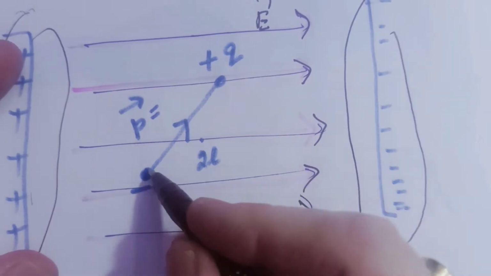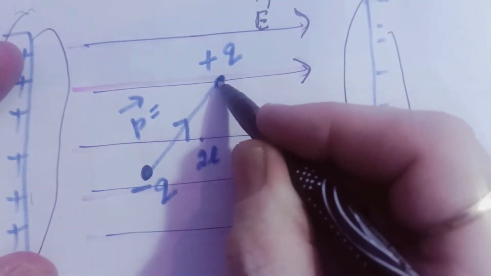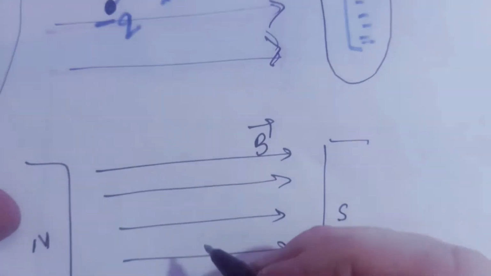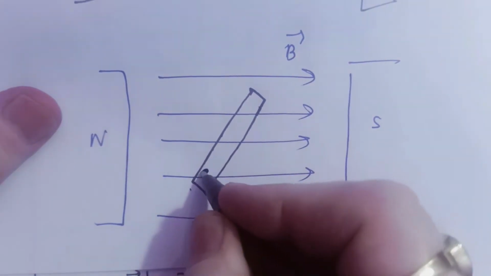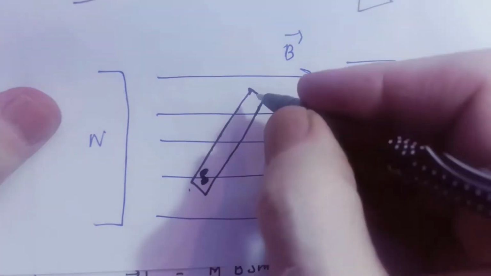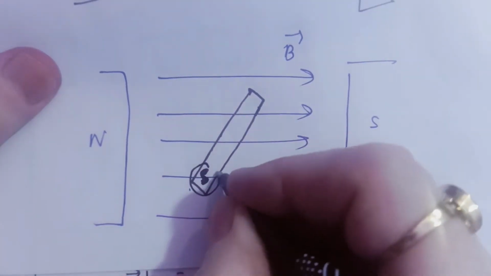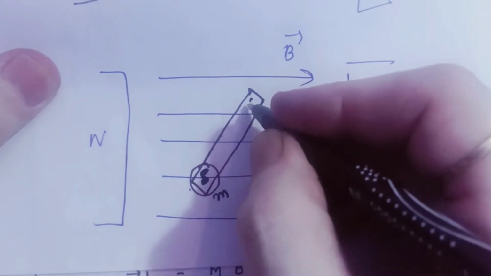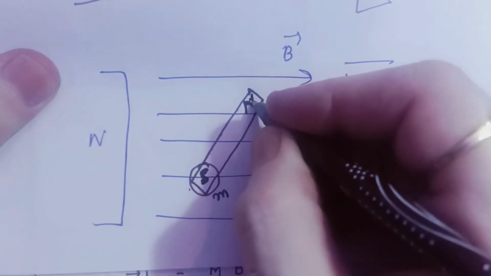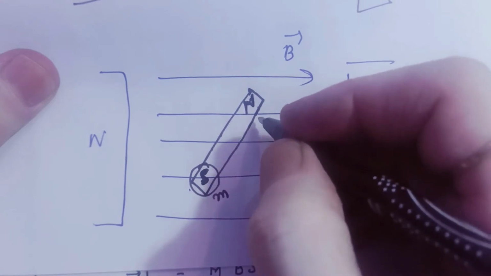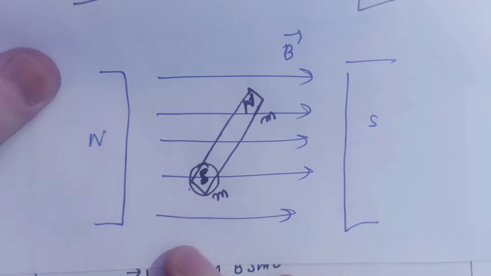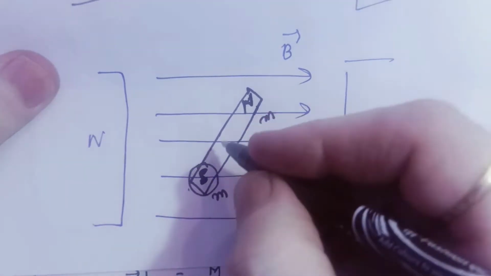And in electrostatics, we placed a dipole, minus q and plus q. Minus q is equivalent to the south pole of pole strength m, and plus q is equivalent to the north pole of pole strength m, right?